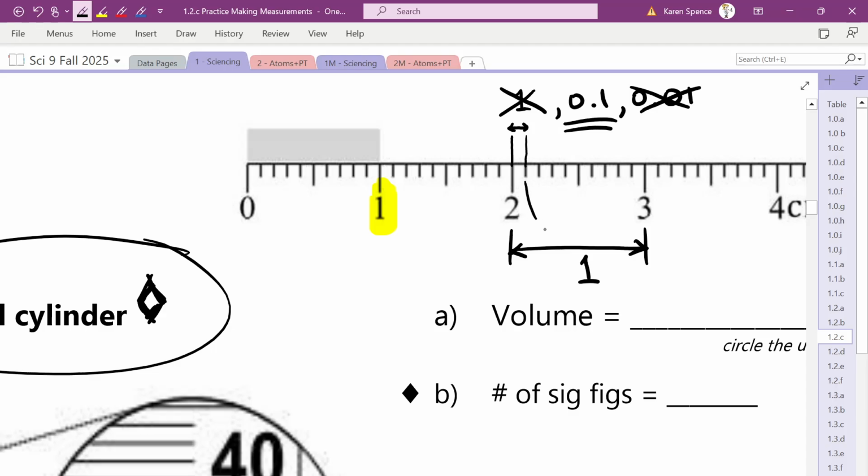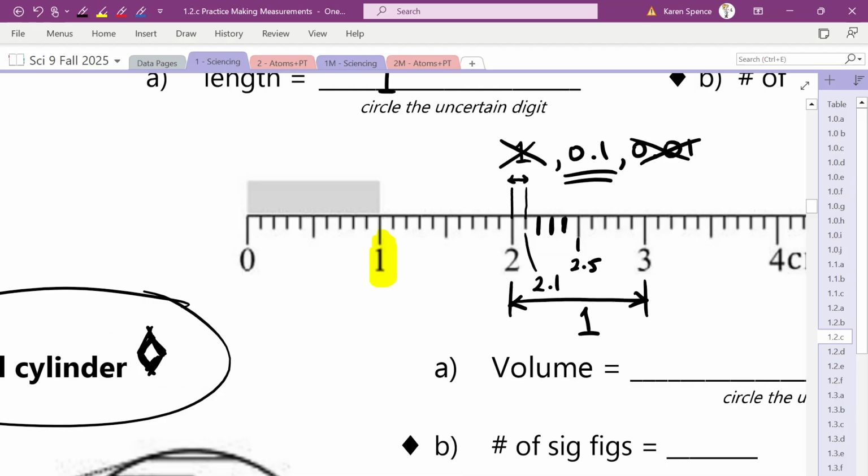Because if I were to number this, this would be 2.1, this would be 2.2, 2.3, 2.4, this would be 2.5, right? So each of those little lines is 0.1. Whenever you know what each little line is worth, you need to go one more position than that.